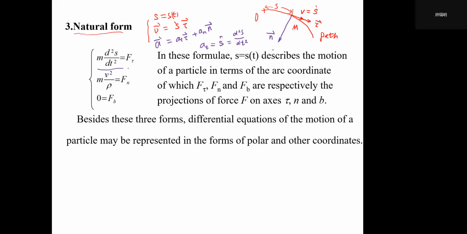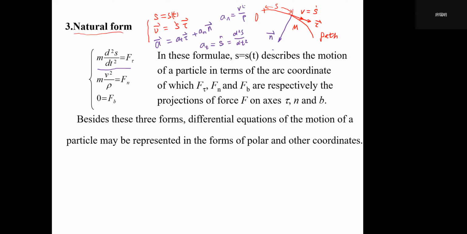And a_n always equals v squared over rho, where rho is the 曲率半径 here.